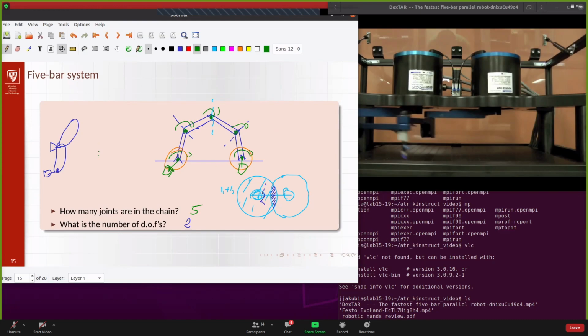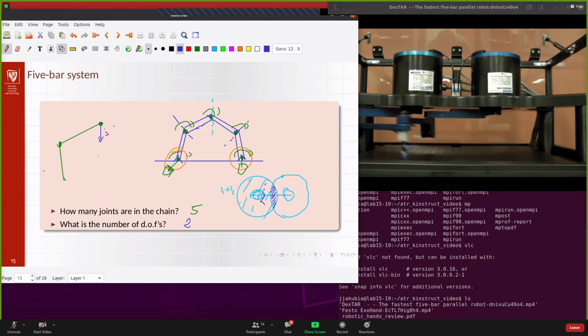When we have a structure, I will simplify it a bit, let's say a double pendulum, and we apply a force to it, what happens?